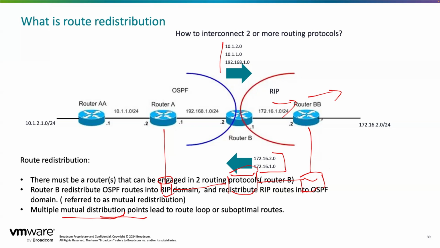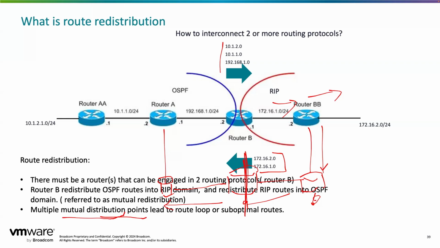Router BB advertises these subnets or routes to this guy, in turn to this guy, and this guy is the second redistribution point, and it redistributes this route learned from this guy back into the OSPF domain.